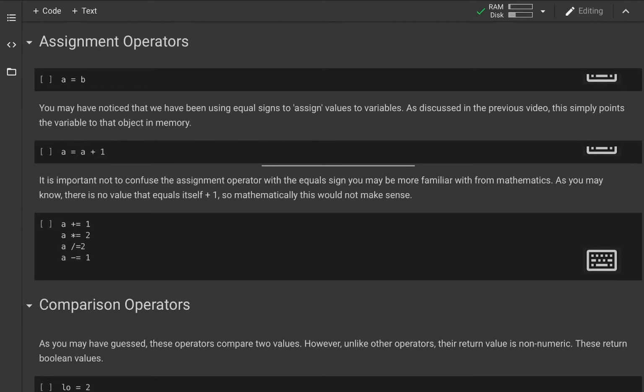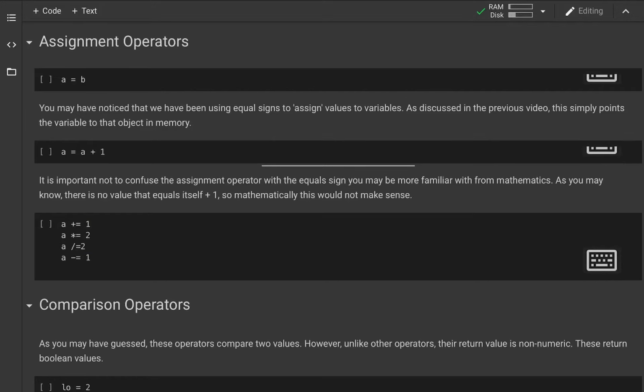So you may have already noticed that we use these equal signs to assign values. But you should note that these equal signs are very different from the equal signs you would see in, say, math class. So here we have this expression, a equals a plus 1. Obviously, there is no value that is equal to itself plus 1. That doesn't exist.